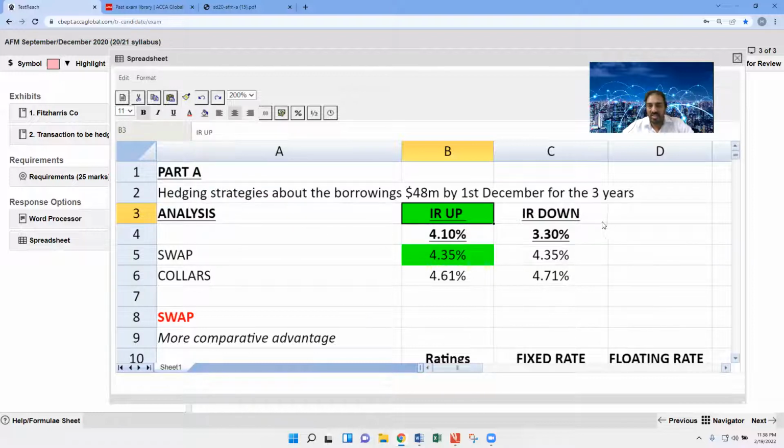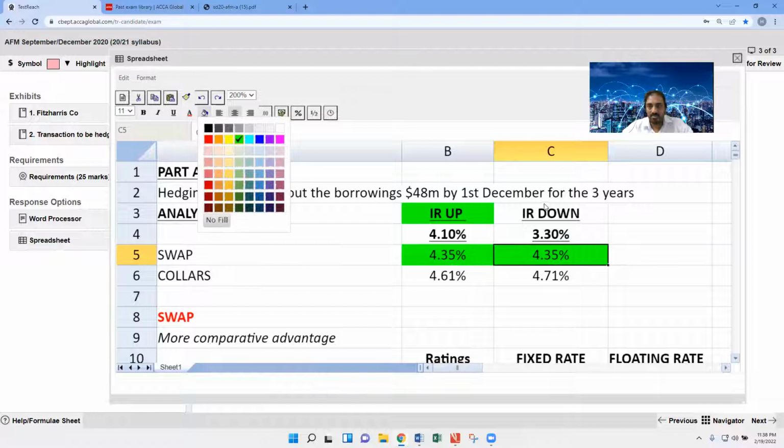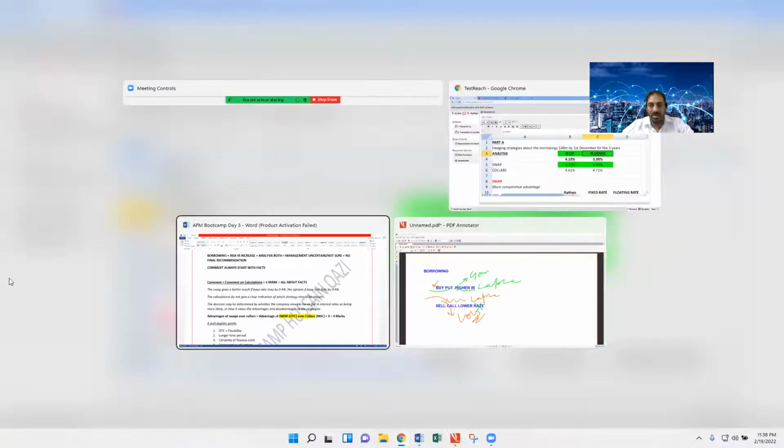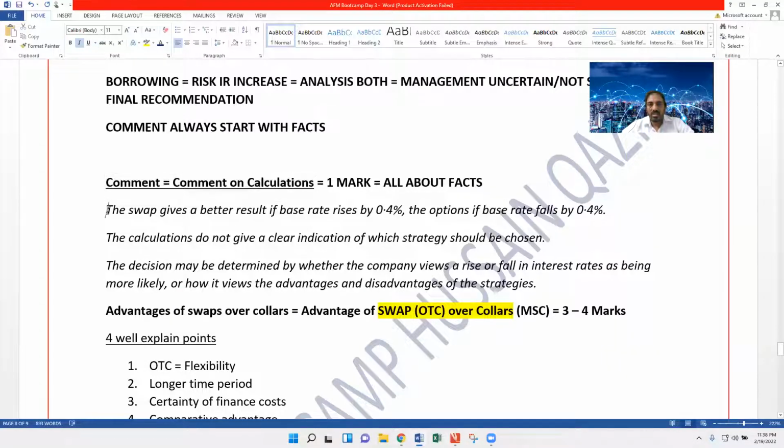In case of interest rate down, same case, the swap is beneficial. Means in both scenarios, the swap will be the more beneficial method. Very simple comment. The swap gives a better result if the base rate rises by 0.5 and the option base falls by 0.4. Means in both cases, the swap will be beneficial.